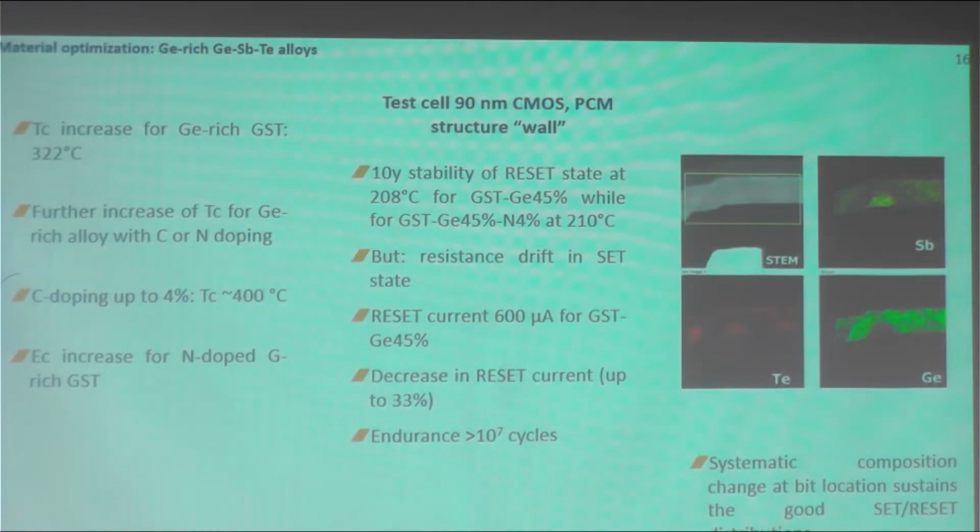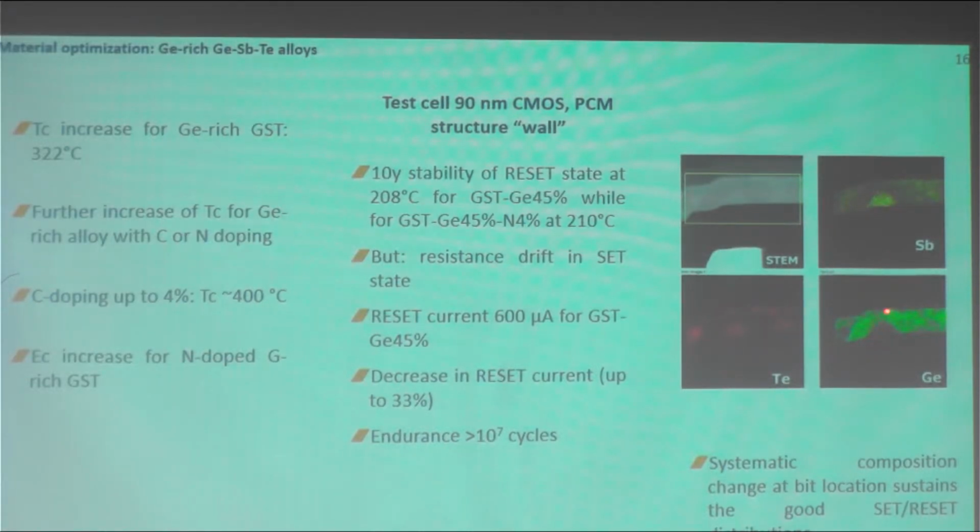From the microstructure point of view, this is a very interesting material, because if you heat it up, you see it has a huge amount of germanium. If you heat up these materials, you can observe the formation of different clusters or precipitates, mostly germanium-rich material.